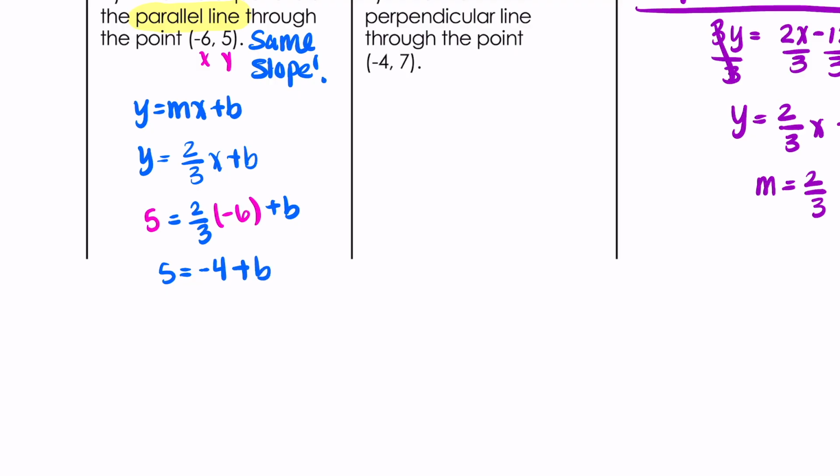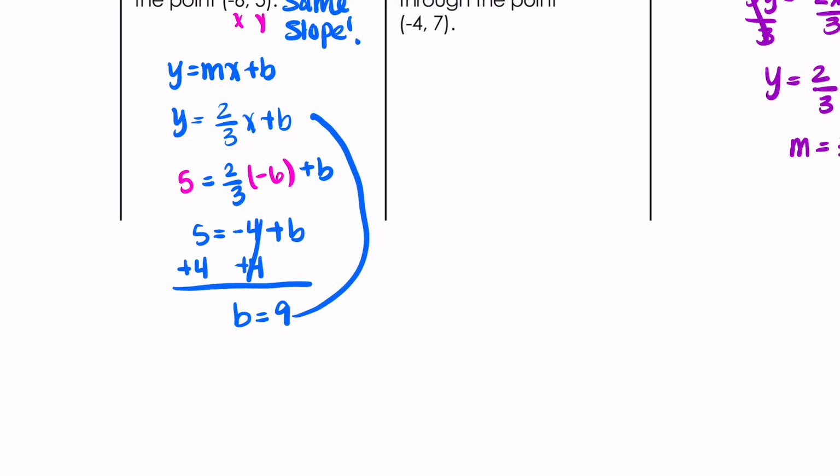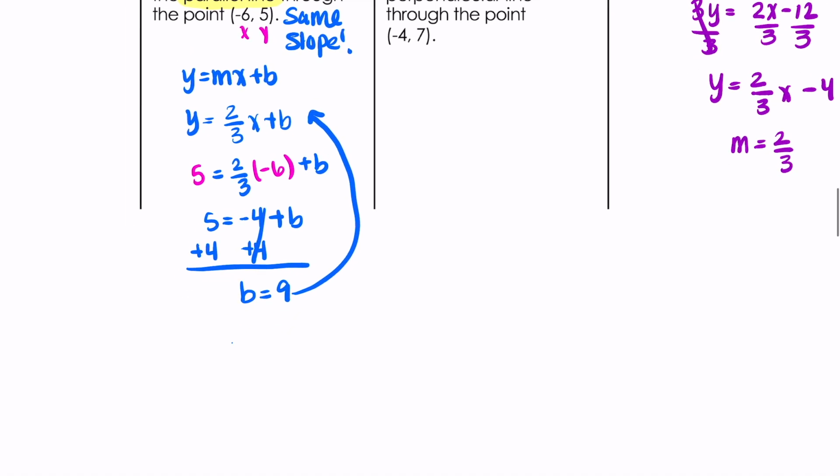And now I simply add 4 to both sides to get b. So I get b equals 9. So now when I put it all together, my parallel equation is going to be y equals 2/3 x plus 9. And that's your final answer.